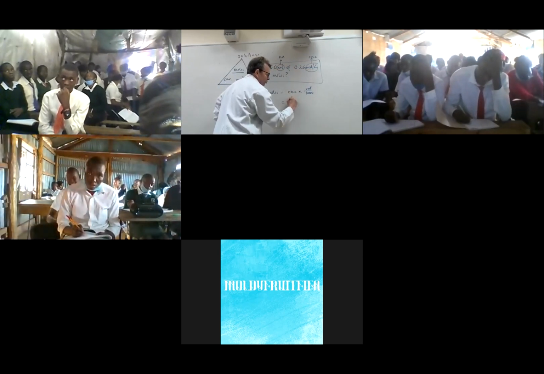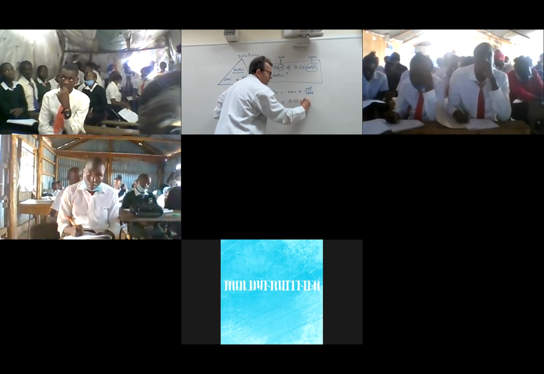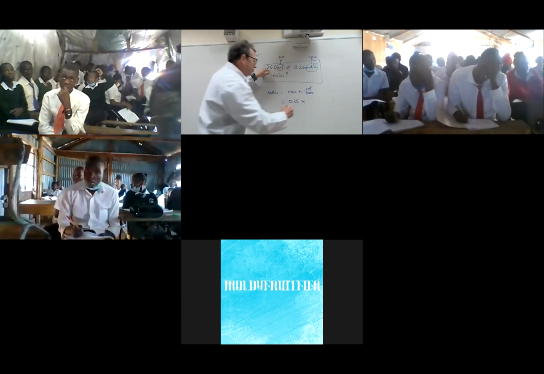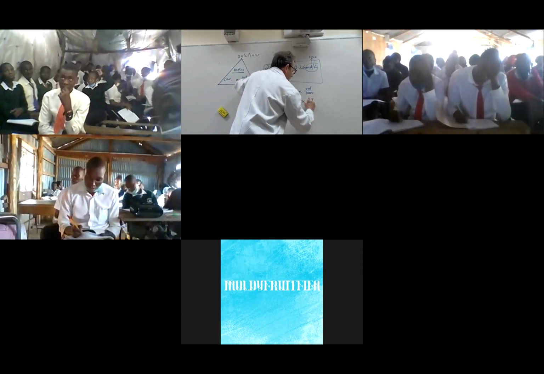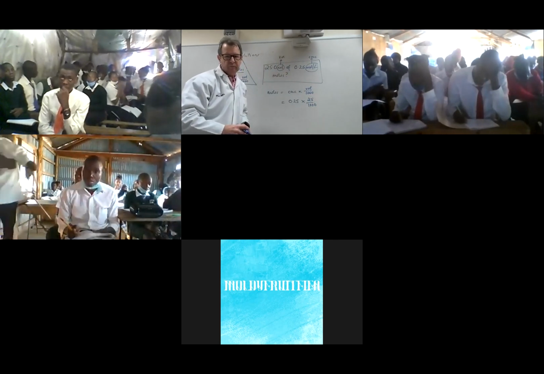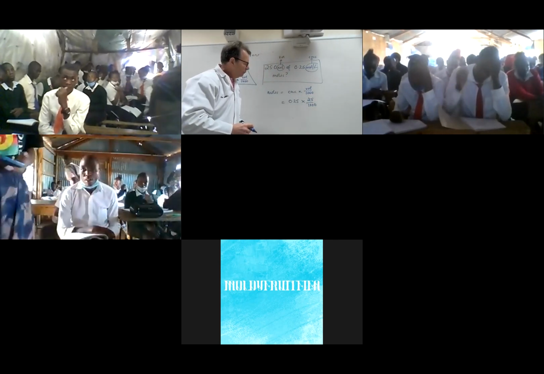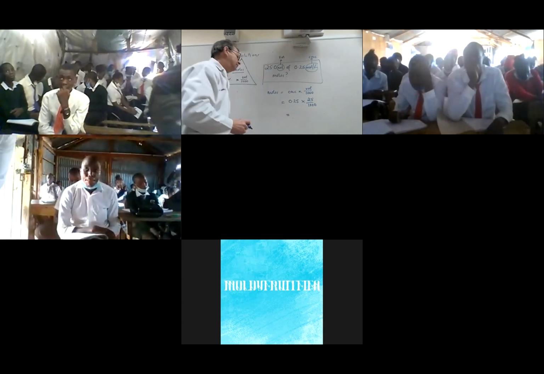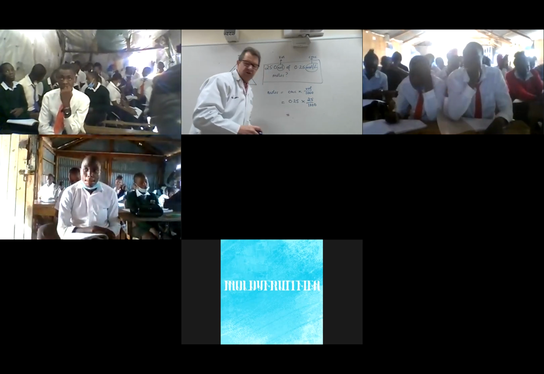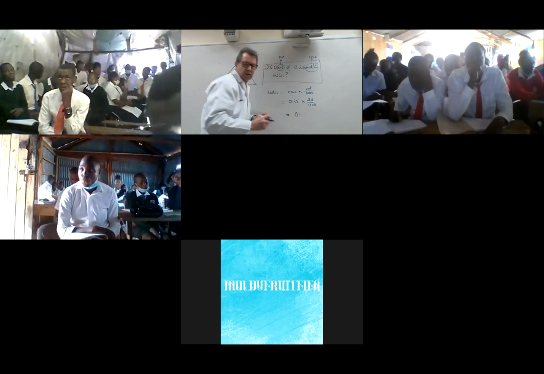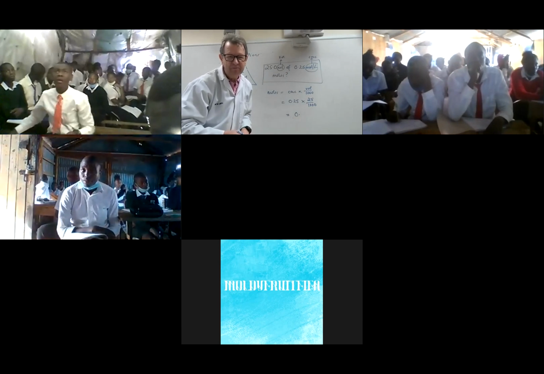So this is 0.25 times the volume, mils, 25 over 1,000. And that will give me a number. You tell me.